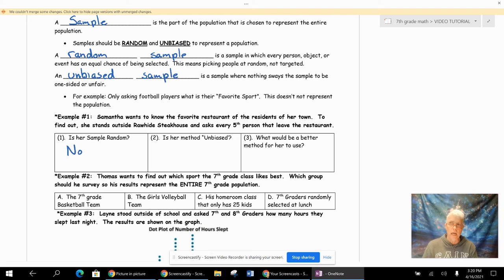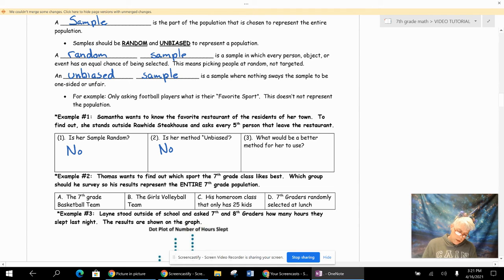She shouldn't be standing in front of a restaurant to ask that question. Is it unbiased? No. Again, if I'm eating there, I'm going to be biased toward it. In fact, a lot of the people there are going to say, yes, that's my favorite restaurant.